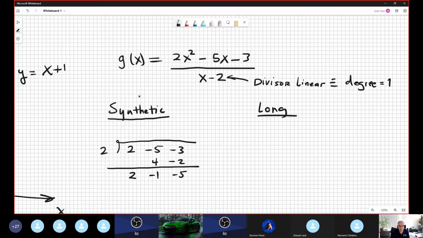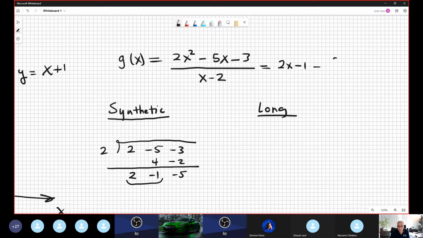Therefore, I agree 100% that our function, let me erase that part, is algebraically equivalent to 2x minus 1, that part, minus 5 over x minus 2.